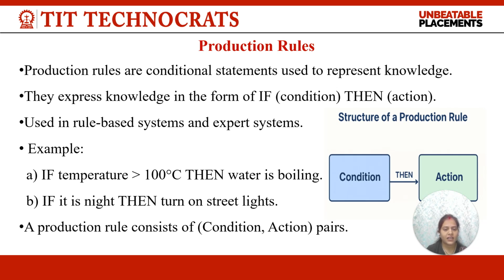Production rules are widely used in rule-based systems and expert systems, where computers use a collection of such rules to mimic human decision making. So in short, production rules are like the thinking steps of an AI system, helping it decide what to do when certain conditions occur.